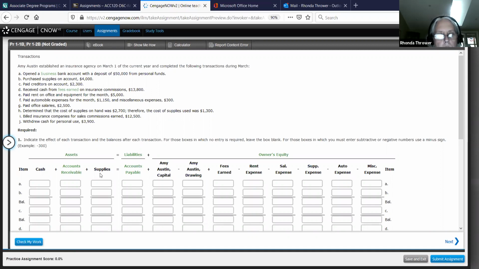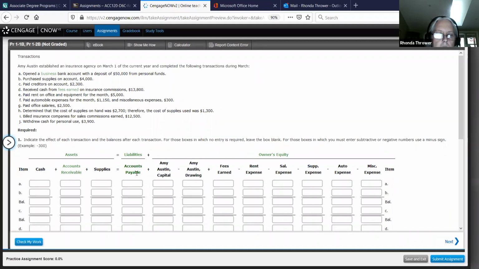Some other examples of prepaid expenses that we talked about were prepaid insurance, and sometimes we can have prepaid rent. But in this situation, our assets that we're going to be working with are cash, accounts receivable, and supplies. All of these meet the definition of an asset, which is something of value that the business owns.